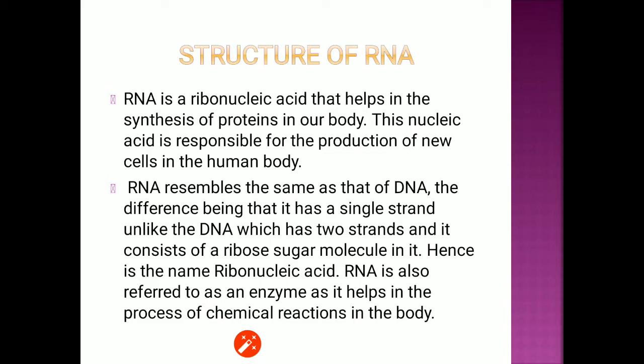Nitrogenous bases are of two types: purines, adenine and guanine, and pyrimidines, cytosine and uracil. The sugar, which is ribose in the case of RNA, has an additional OH group on the second carbon position.